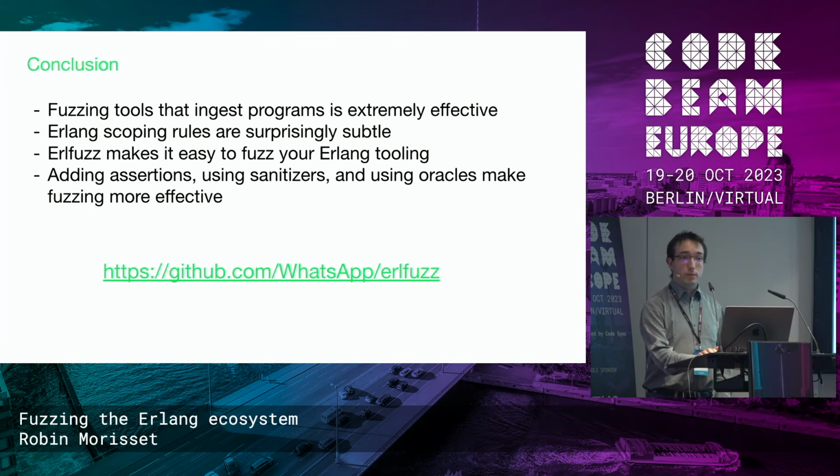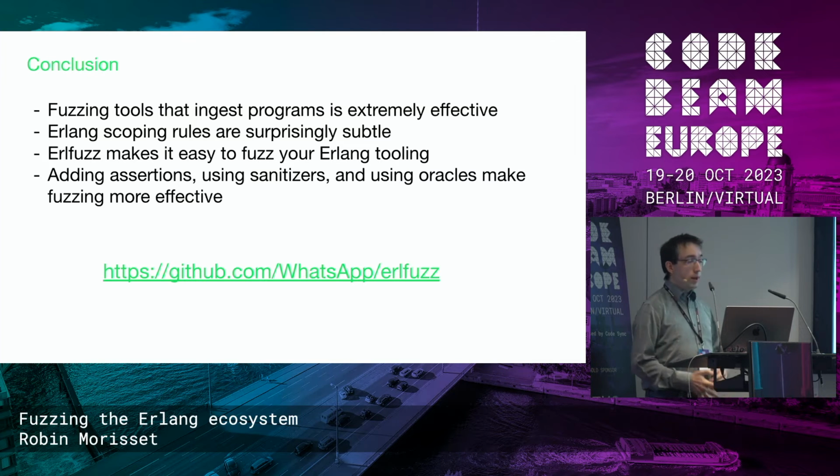Doing it for Erlang is a bit tricky because of its scoping rules, but the work has been done already, so if you have any kind of tool that ingests Erlang, you can just get Erlfuzz from GitHub. It's open source and hopefully should be easy to use.